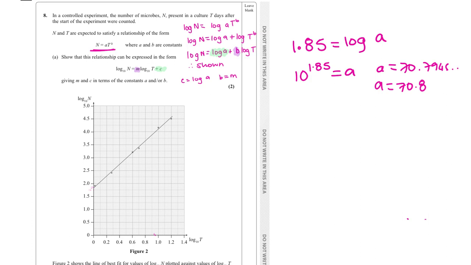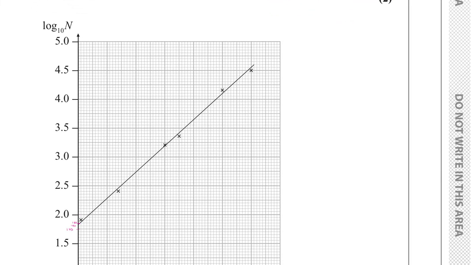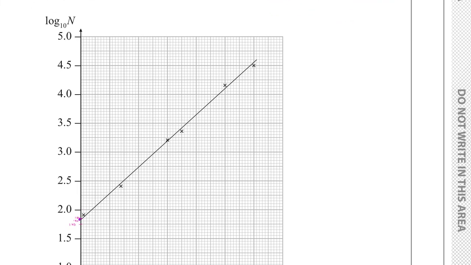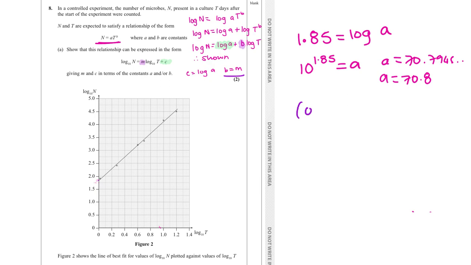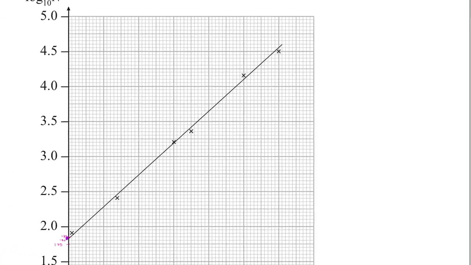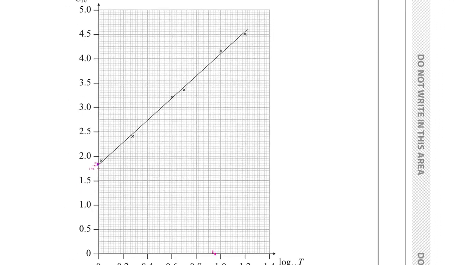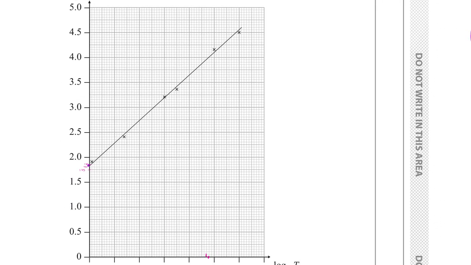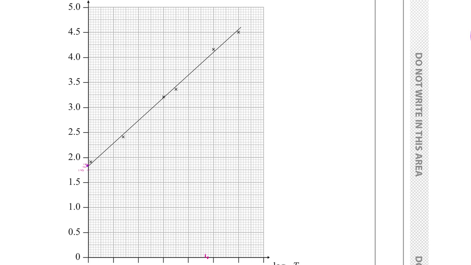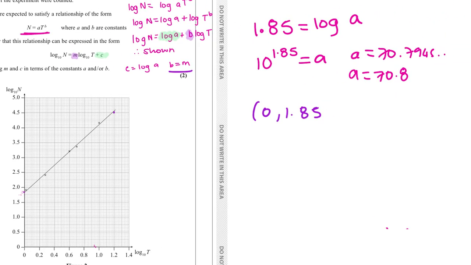And then we know that our B is our gradient. So I'm going to pick 2 points on my line of best fit. I'm going to choose this one, which we know is already 0, 1.85. And then to make it easier, I'm probably going to choose this point here, which is 1.2 and 4.5.